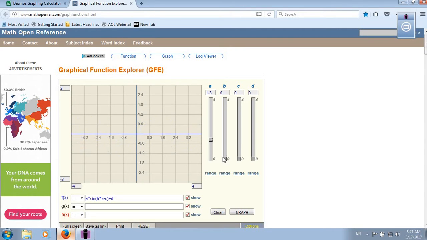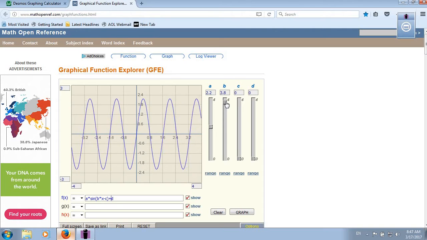As you can see, there's a lot we can play around with, and this gives us a very good idea of what is going on with the function and how it can change in terms of amplitude and frequency, which also affects the period.